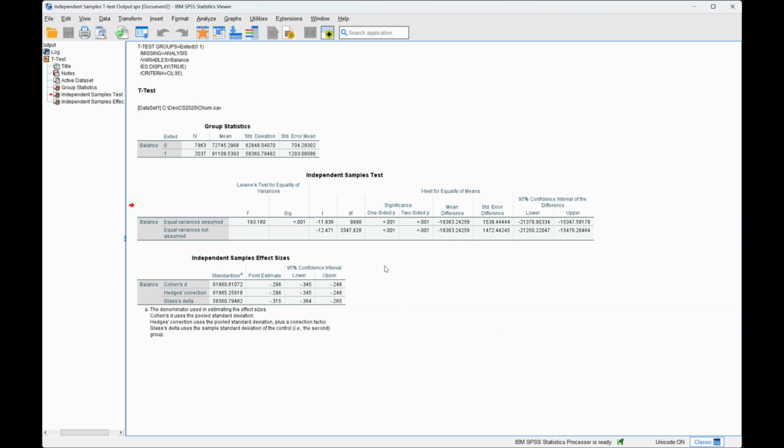In our test, we see two versions of DF. One for equal variances assumed at 9,998, and one for equal variances not assumed at 3,348. It's because when we assume equal variances, we pool the variances together and can use more of the data to estimate the standard error.